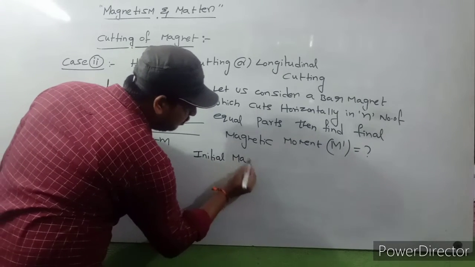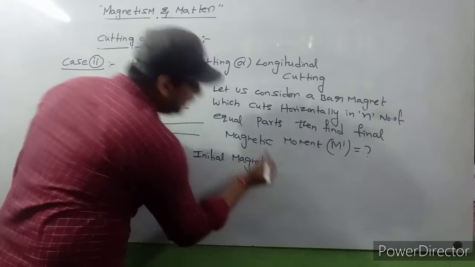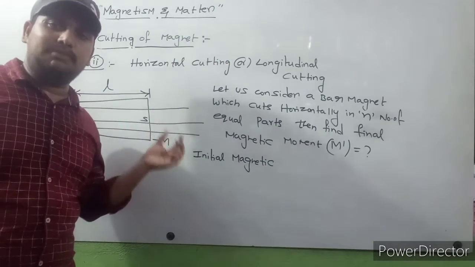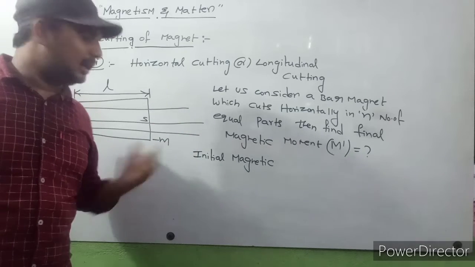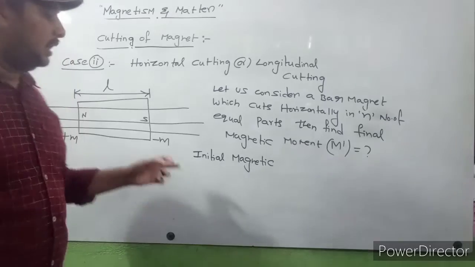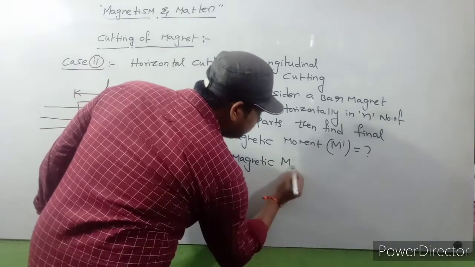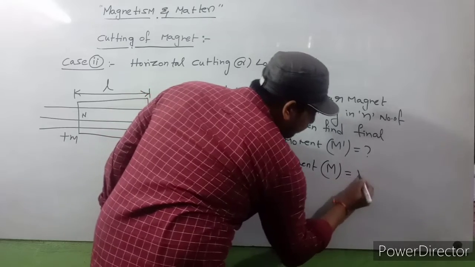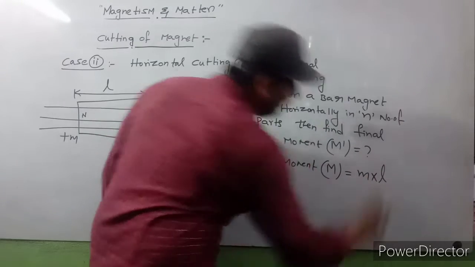What is the magnetic moment of a bar magnet? Every bar magnet will act as a dipole. That means magnetic moment due to a dipole. Initial magnetic moment formula, capital M is equal to pole strength into length of the magnet.